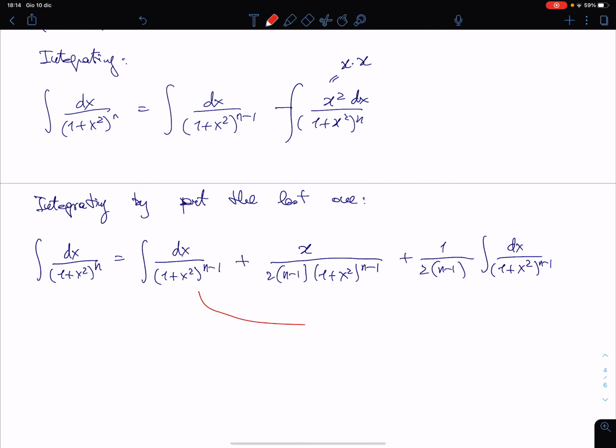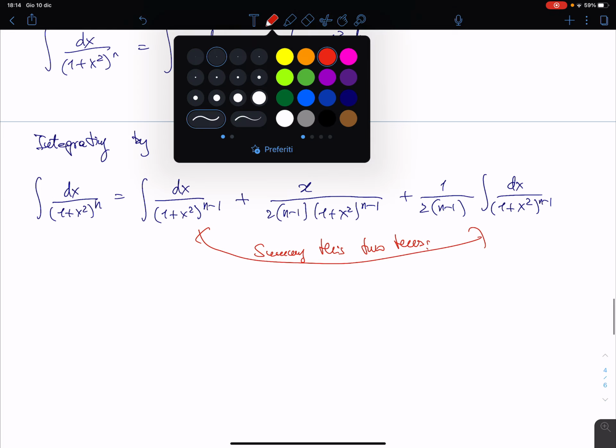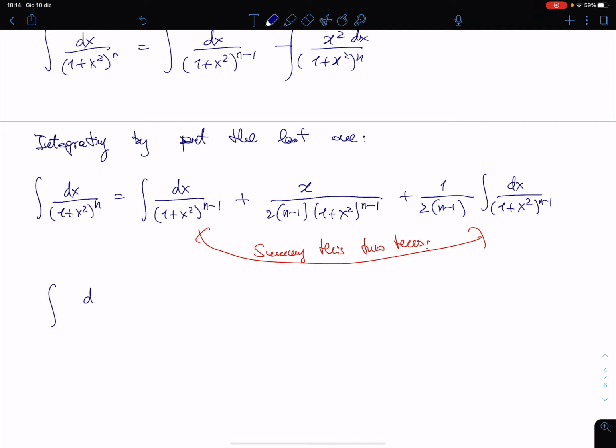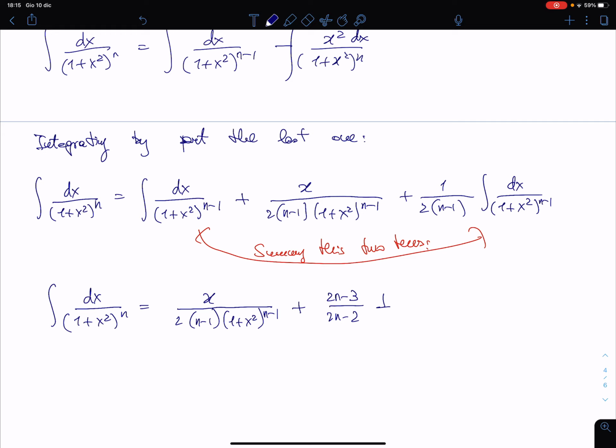Summing these two terms, you have that the integral you looked for is equal to x divided by 2(n minus 1)(1 plus x squared) to the n minus 1 plus, at the end the result is (2n minus 3) divided by (2n minus 2) times the integral of 1 over (1 plus x squared) to the power n minus 1.